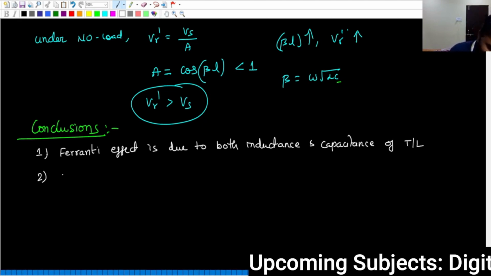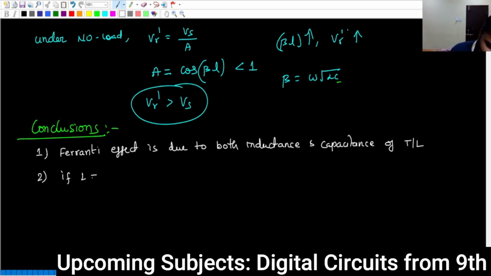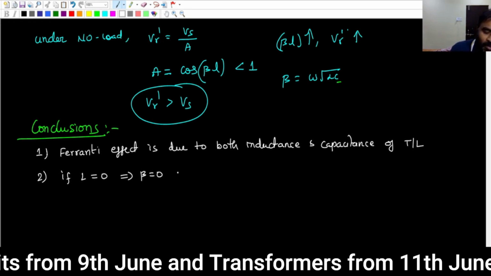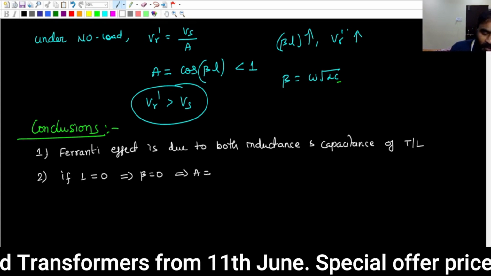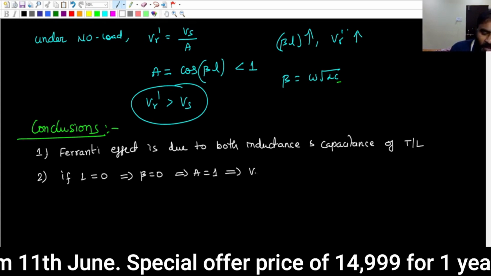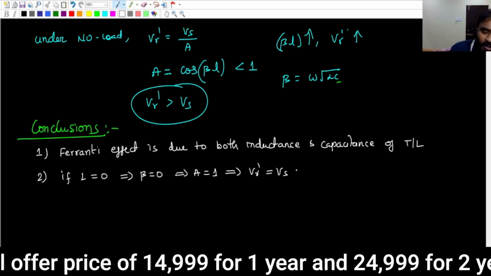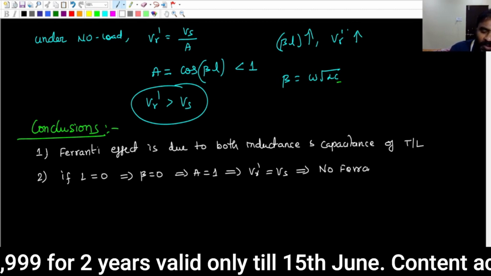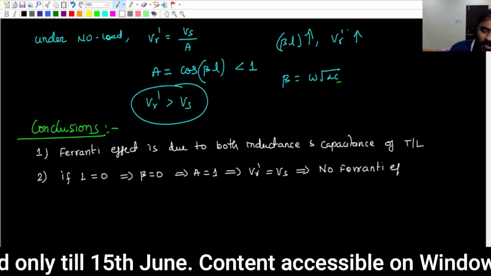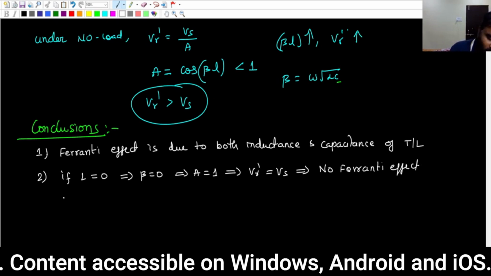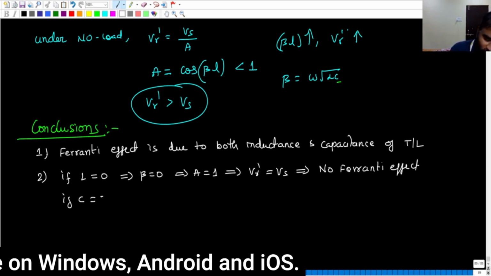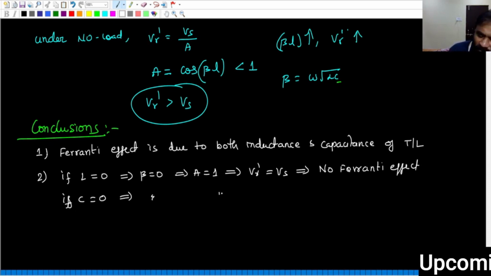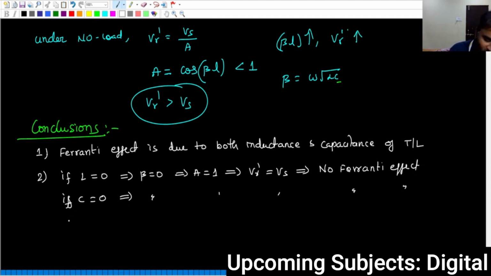Now tell me. For example, if L is 0, what happened? Beta 0, A is 1, VR dash equal to Vs. No Ferranti effect. Correct or not? Otherwise, if C is 0, think about capacitance 0. Similarly, same thing, no Ferranti effect.